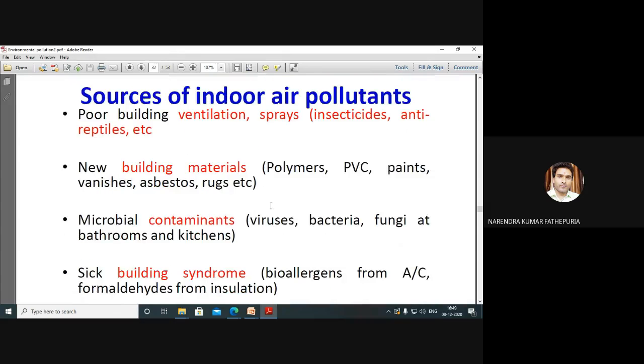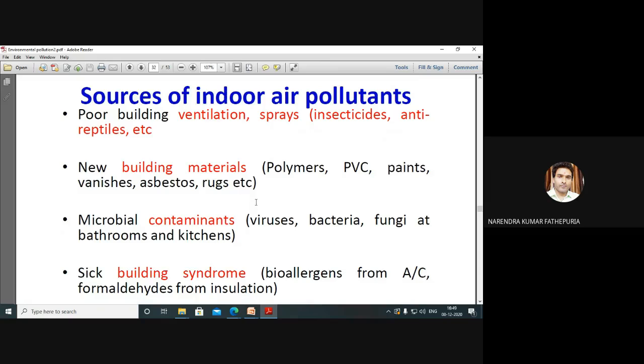So whatever paint you select, whatever construction material you use for constructing your house, it should be sustainable and graded as a green building material. It can reduce the impact of indoor air pollution, because color coding is very important. Various colors will absorb more UV radiation, and the indoor temperature will also rise.